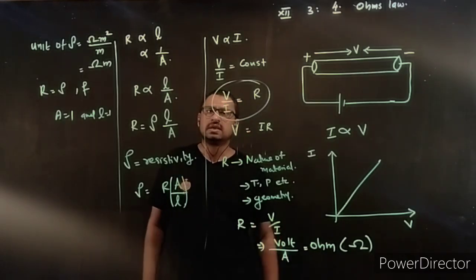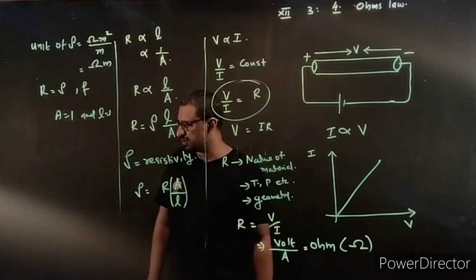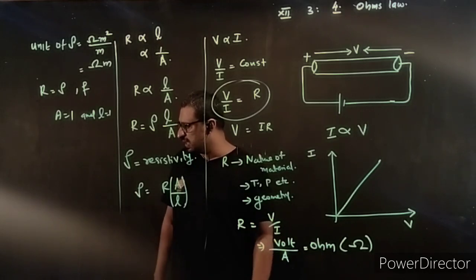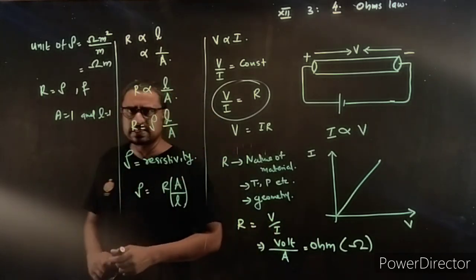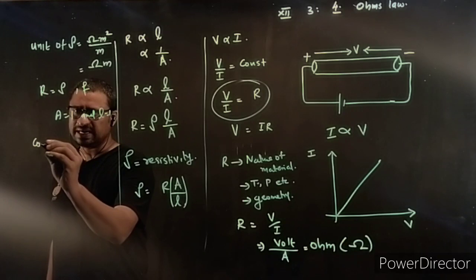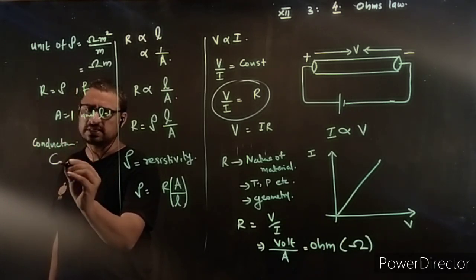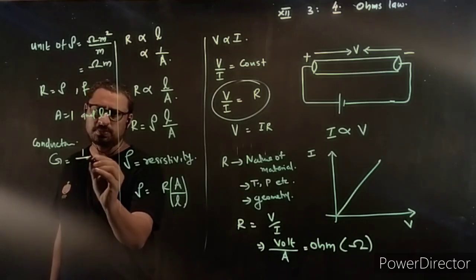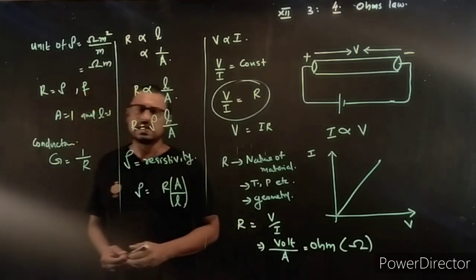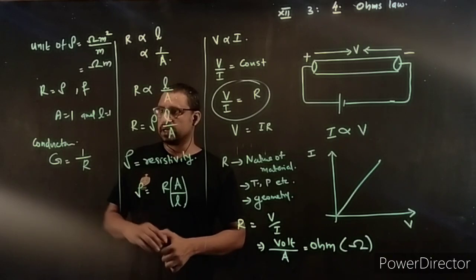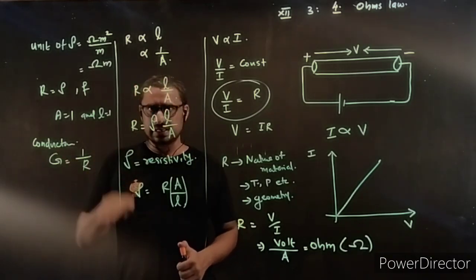This is what Ohm's law is directly all about. Now there is another term known as conductivity, conductance and conductivity. Conductance is represented by G, the reciprocal of resistance is what we call conductance. So conductance high means what? Resistance less, correct?